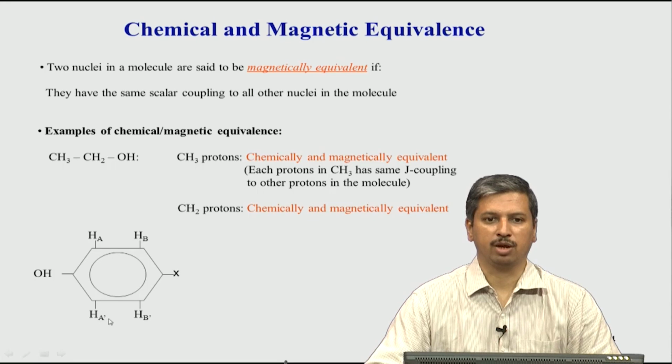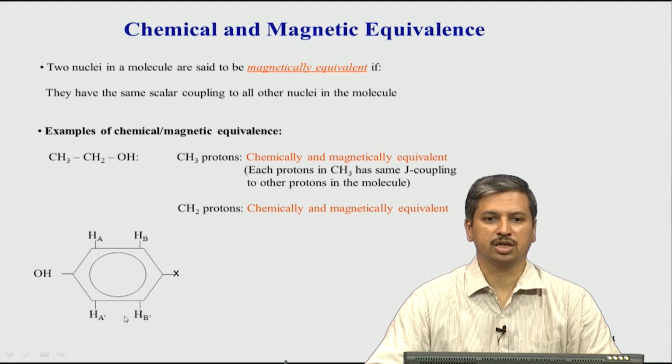So this A prime is 5 bonds away from this hydrogen, therefore its interaction with it is very weak, but the interaction of this hydrogen with this hydrogen is relatively stronger. So these two hydrogens are chemically equivalent, but their interaction with any other hydrogen in the molecule is not the same, because this one is closer and this one is farther, and because of that these two hydrogens are no longer magnetically equivalent.